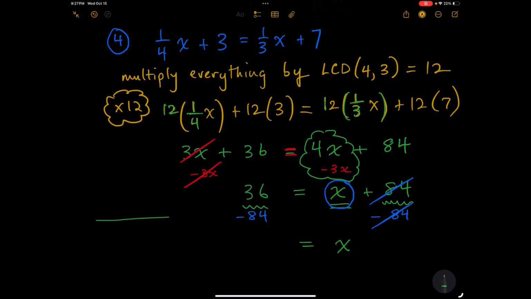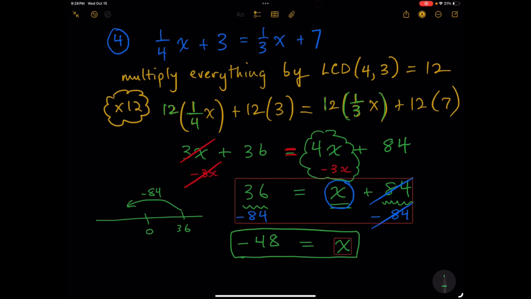Now you might jump onto a calculator, I don't know, but just a reminder, here's 36 on the number line, and we're going 84 units to the left. So it's way down in the negatives. How far down? It's negative 48. And that is the answer to that equation.